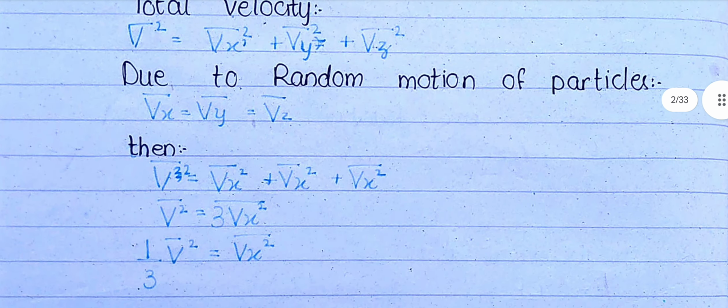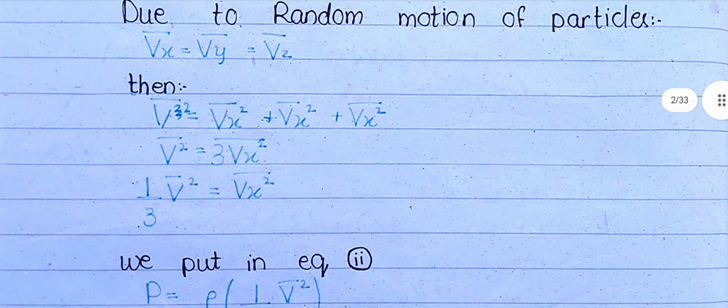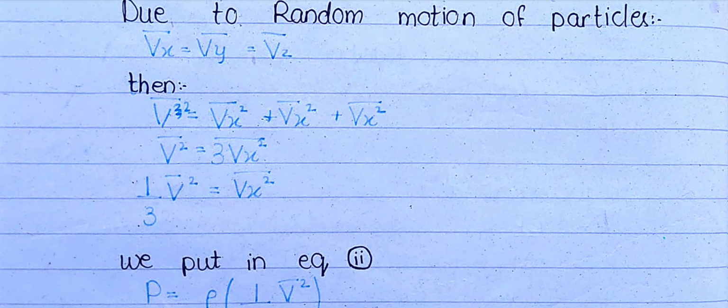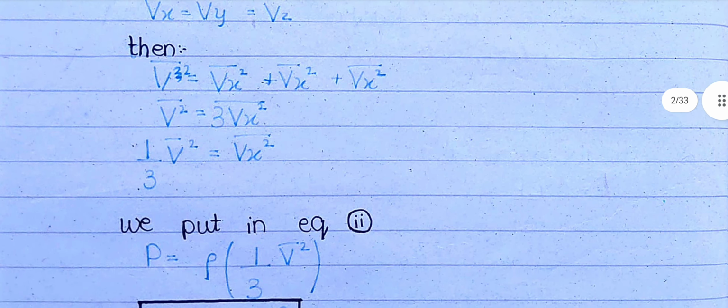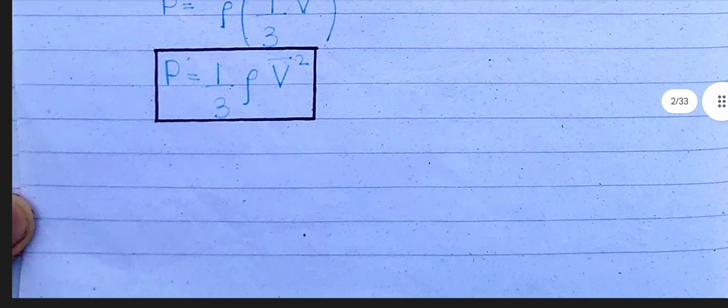Then V bar square is equal to Vx bar square plus Vx bar square plus Vx bar square, so V bar square is equal to 3 Vx bar square. 1 upon 3 V bar square is equal to Vx bar square. We put this in equation 2: P is equal to rho times 1 upon 3 V bar square. P is equal to 1 upon 3 rho V bar square.